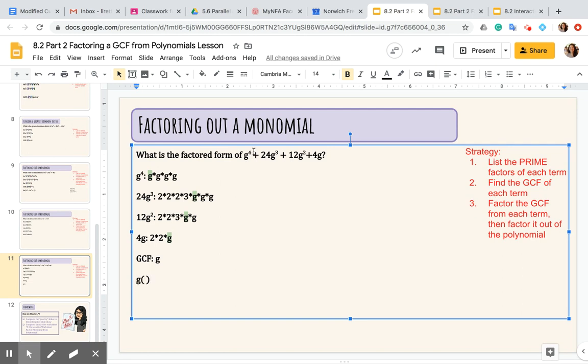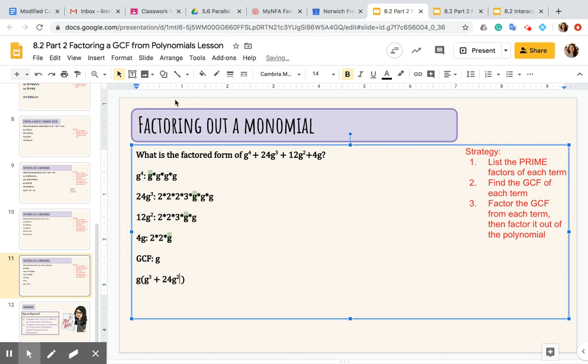So if I divide g to the power 4 by g, I'm just going to get g to the power 3. If I divide 24g cubed by g, the 24 is still there, right? 24 divided by 1 is just 24, and all I can do is simplify how many g's I have left inside.